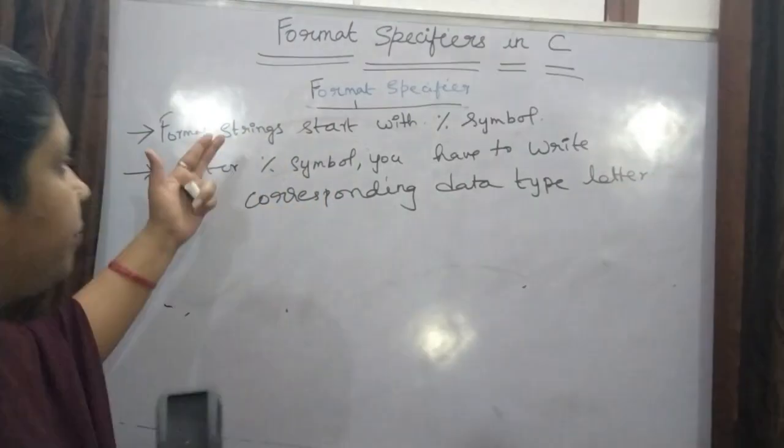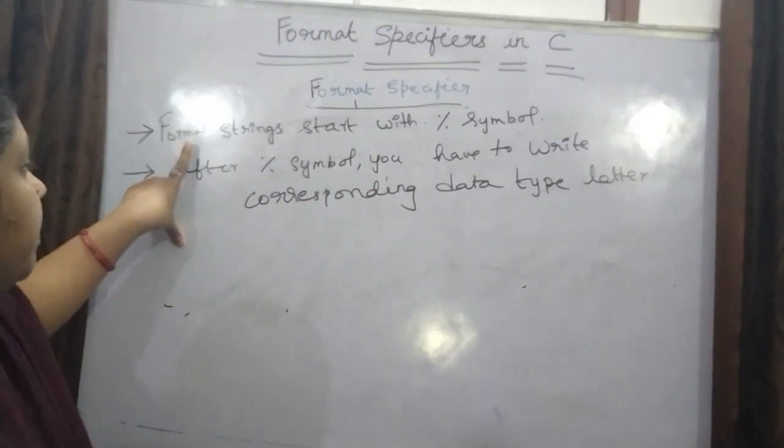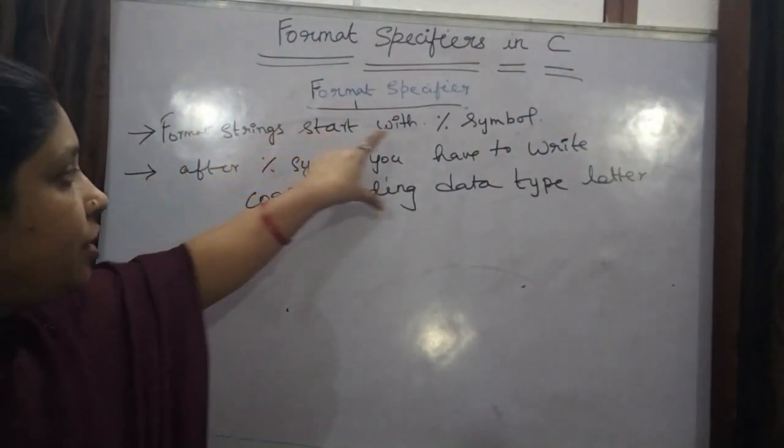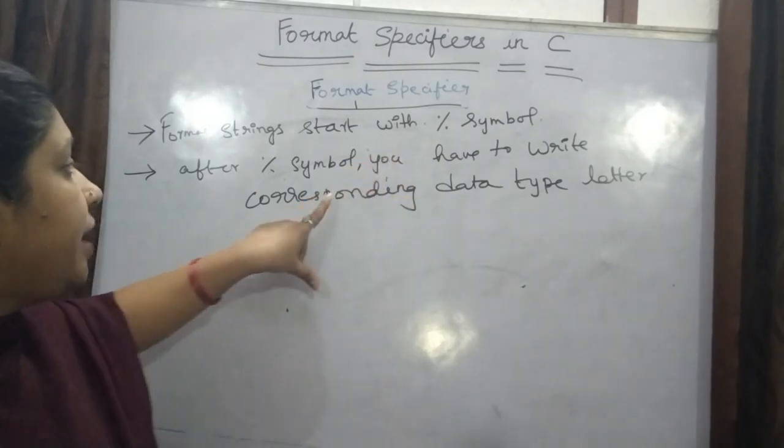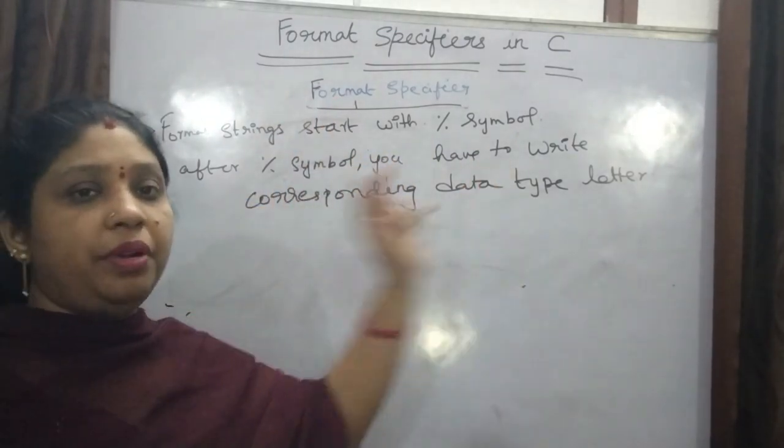This is how you have to declare or use the format specifier. That means format strings start with the percent symbol, and after the percent symbol you have to give the corresponding data type letter.